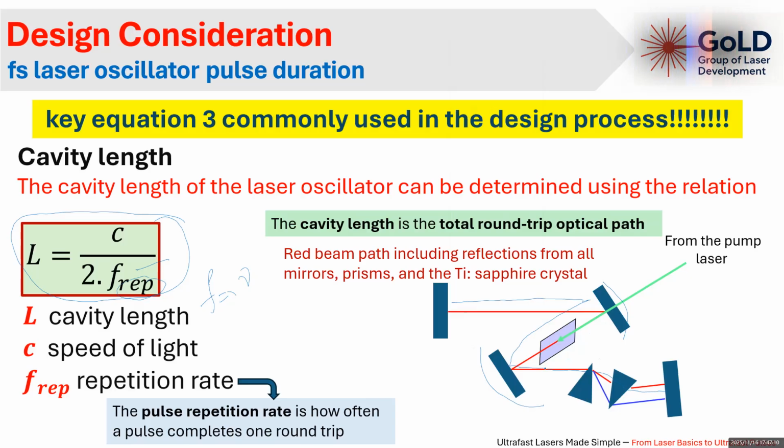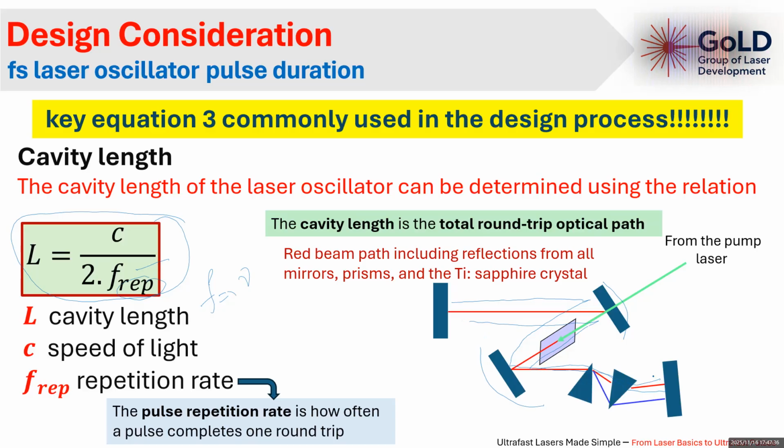The red line here, all the way, is the path of the beam generated in the cavity, and this whole length is considered.